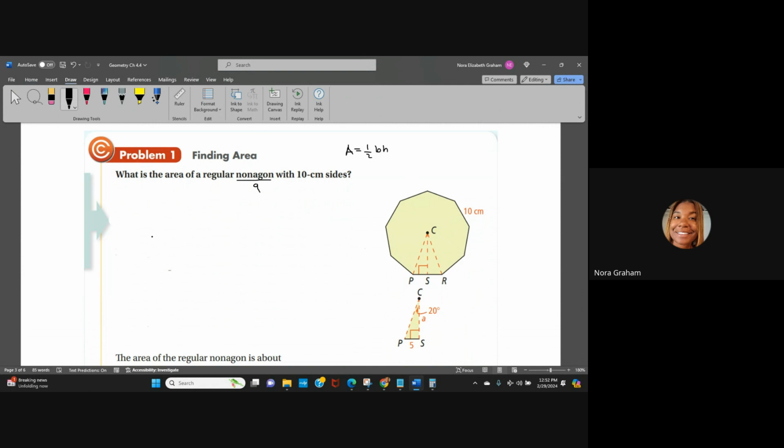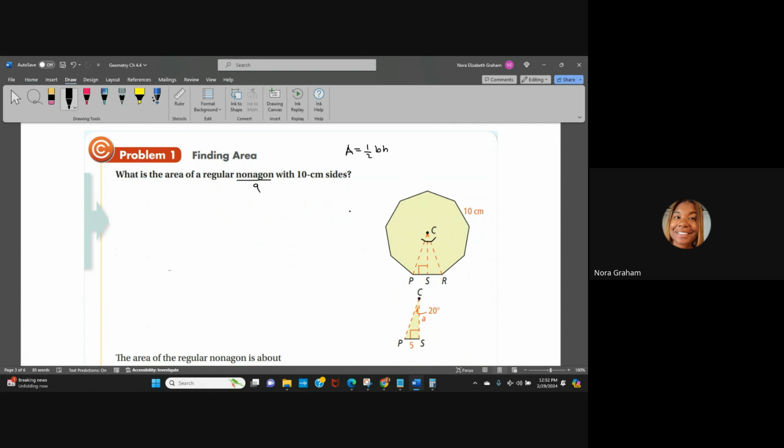First, let's focus on creating a right triangle out of this one right here. When we want to find this angle and it's not given to us, we can do that with a simple formula. Remember, all the way around a circle is 360.